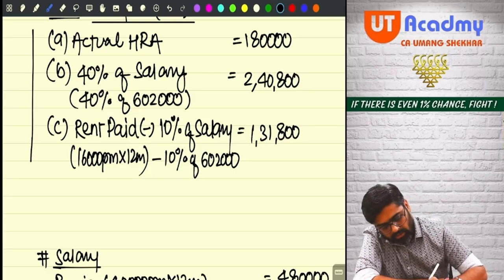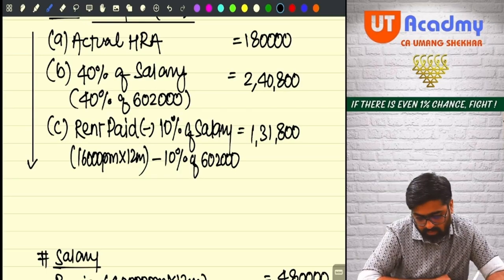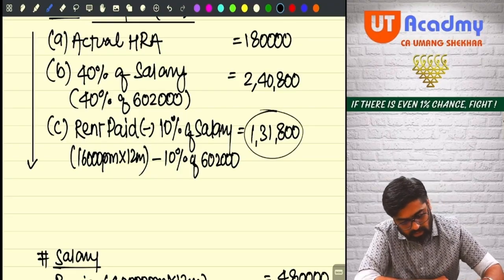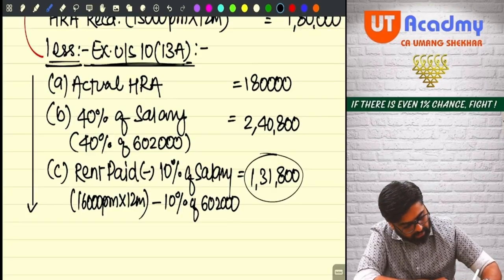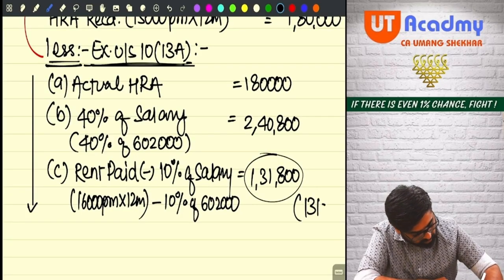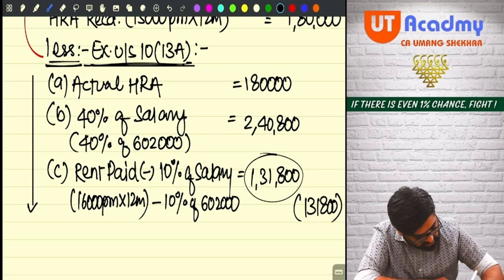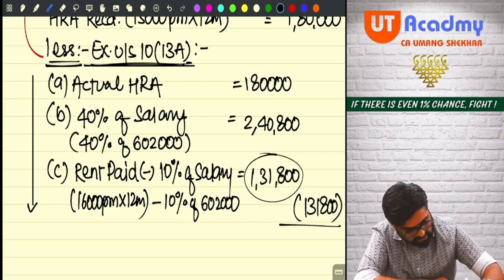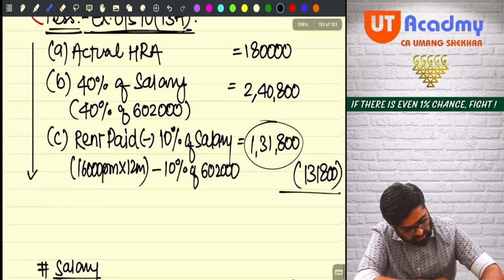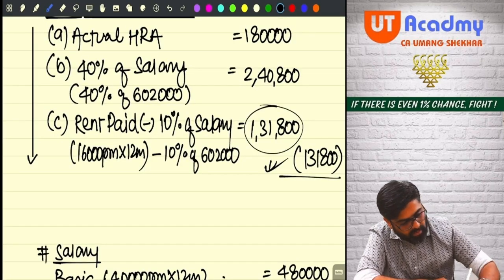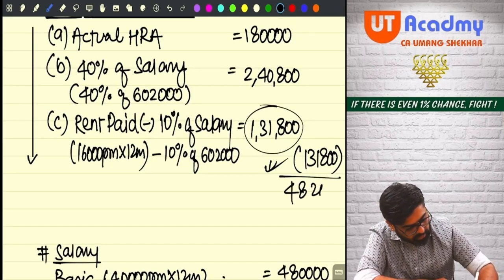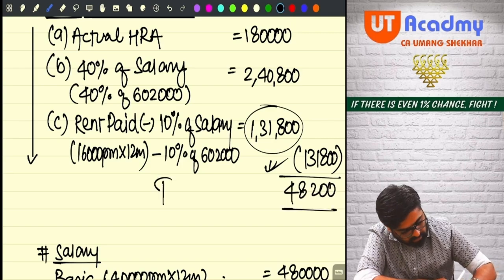Everyone getting this? A, B or C, whichever is lower. Which is the lowest amount? 1,31,800. So exemption under section 10(13A) will be 1,31,800, which I will be taking from my HRA. How much was my HRA? 1,80,000. Out of that I am taking exemption of 1,31,800. 48,200 will be my taxable HRA.